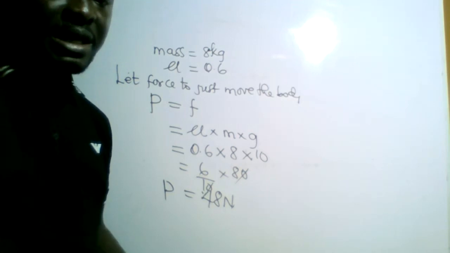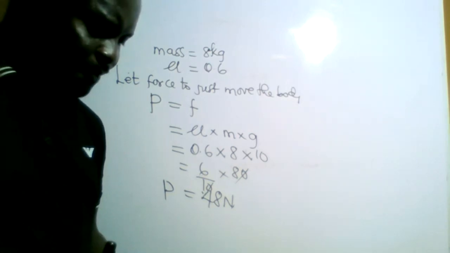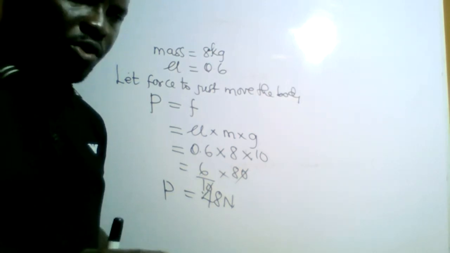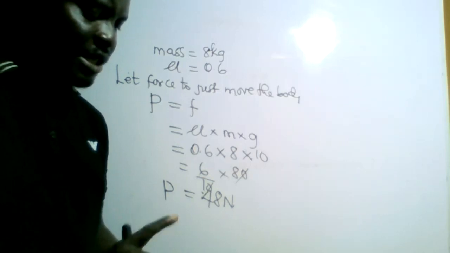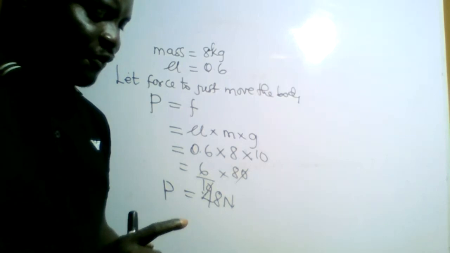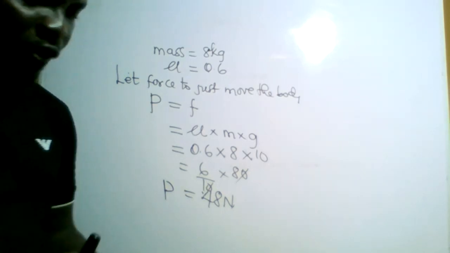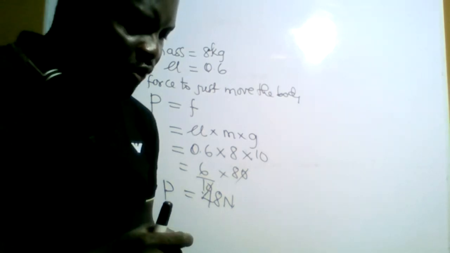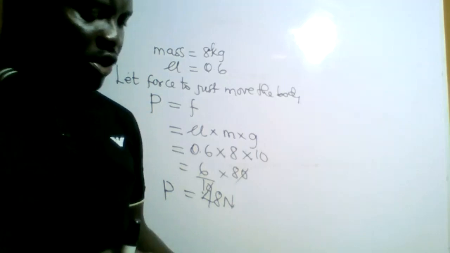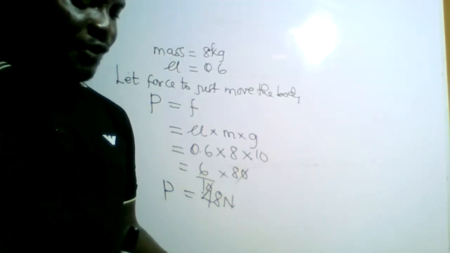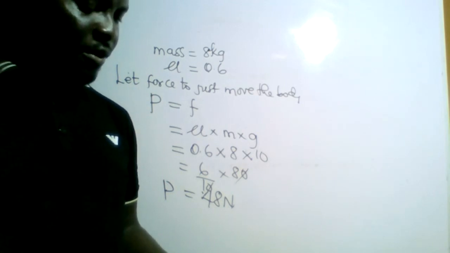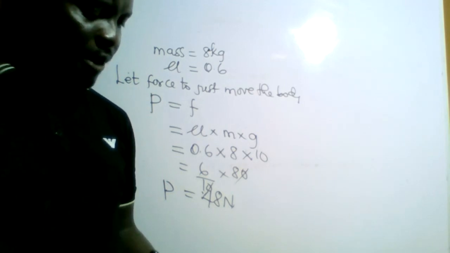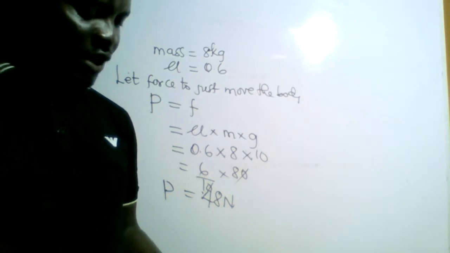This is move, okay? It's not just slide. That word must be: a particle of mass 50 kilogram is caused to move by a 450 Newton force along a rough surface.